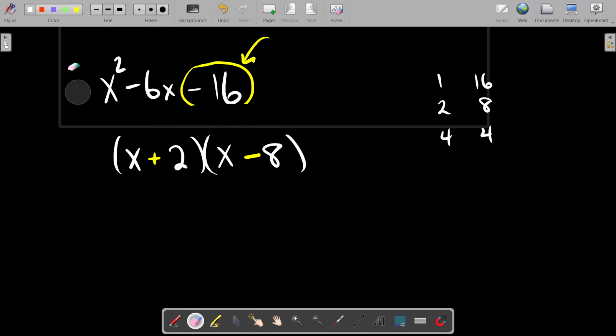The thing about this is I'm not going to waste my time checking this times this because I put them there. I know they equal x squared. I'm not going to waste my time checking this because I put them there. I know they make minus 16. That's not what I'm here for. I'm here for the purple and the green.